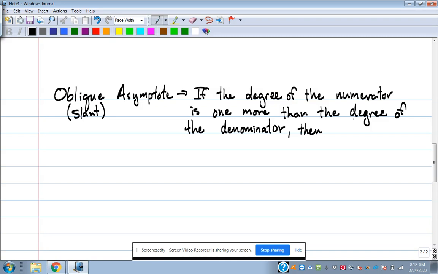All right. Then the oblique asymptote. So oblique asymptotes are only going to happen if the degree of the top is one more than the bottom. This is the only time it happens.